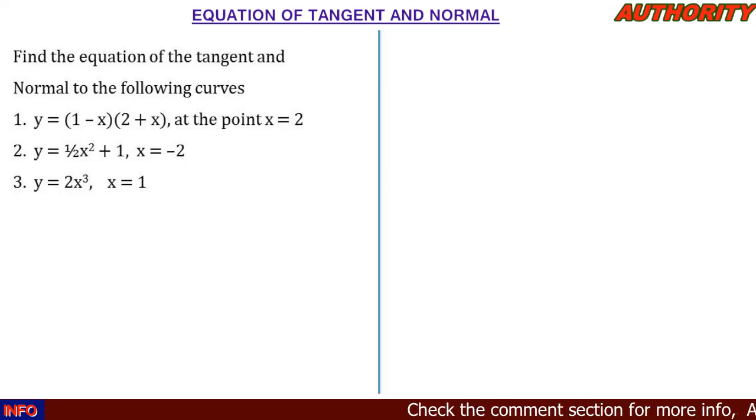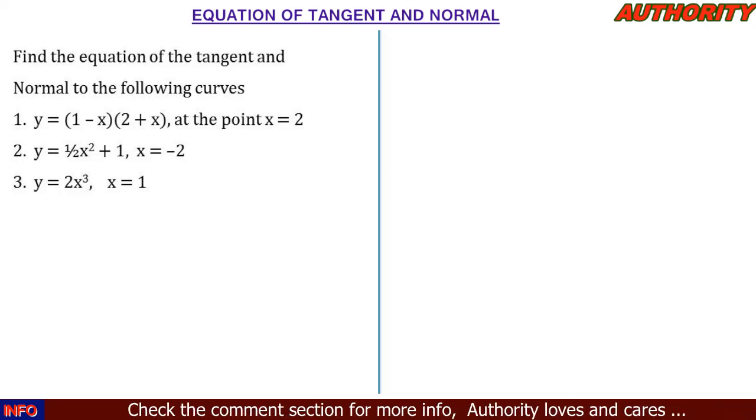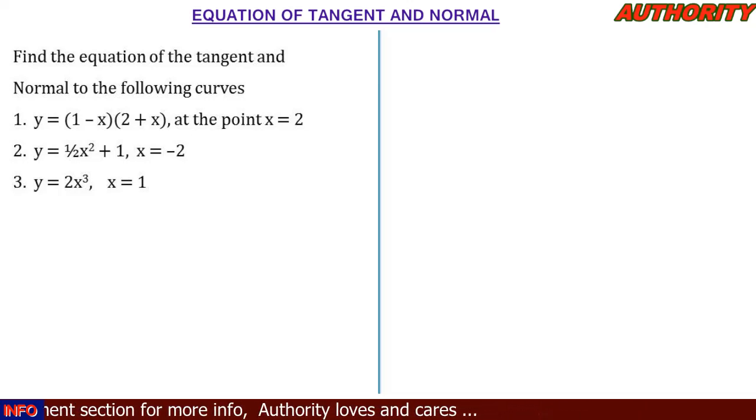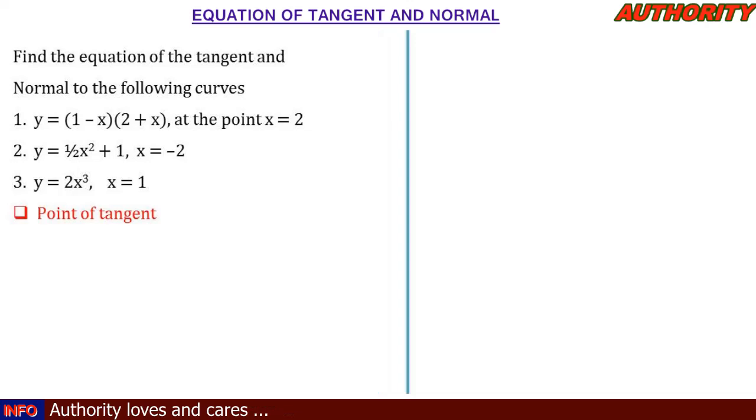We are asked to find the equation of the tangent and normal to the following curves. Now take a look at this. I want to list a few things that we are required to do. The first thing, we are going to look for the point of tangent.